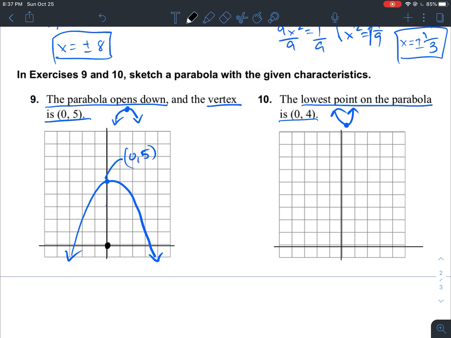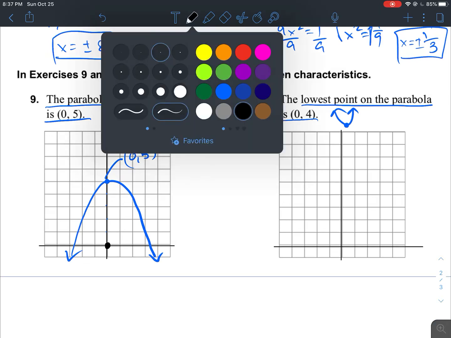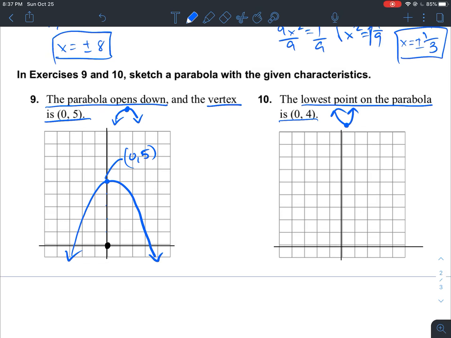Okay, so if I were to draw my vertex, I'm going over 0 units and up 4, so 1, 2, 3, 4, like that. And it says that this is the lowest point, so we're open upward, like that. So as simple as that.